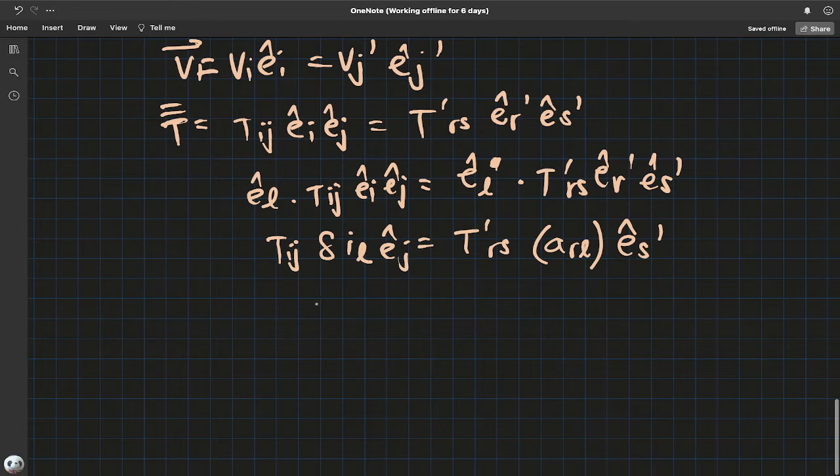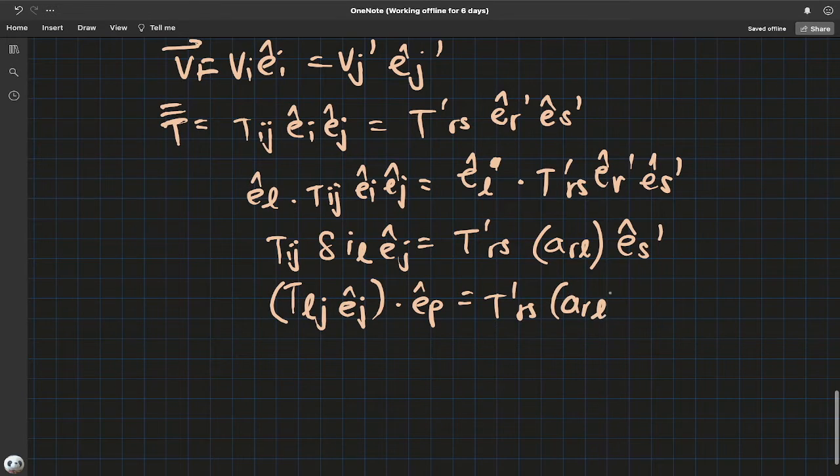Okay, now do another dot product. Well, first contract over the index. I would highly advise that, which means change all the i's to l's. So t sub lj e sub j, and we can dot this with, say, e sub p, and dot product on the right hand side, not on the left hand side, because anyway it doesn't matter now.